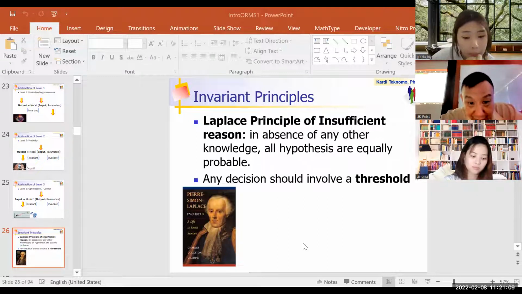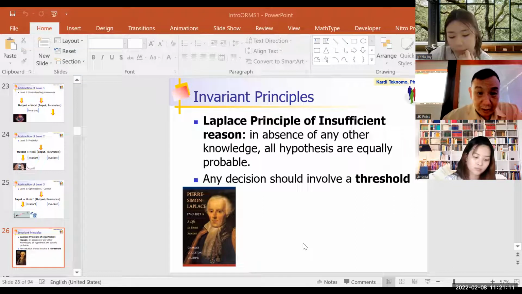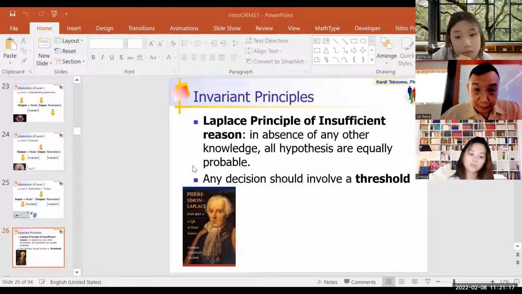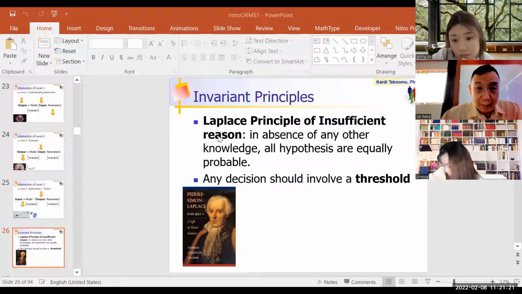In fact, that was proposed by Pierre Simon Laplace in the 17th, 18th centuries. We call this the Laplace principle of insufficient reason. We will use this in decision making later. What does it say?